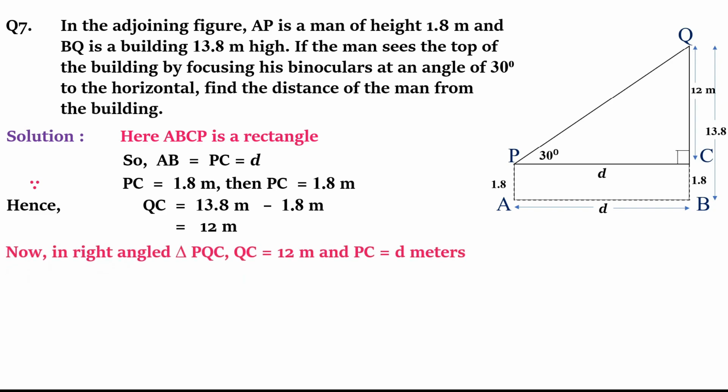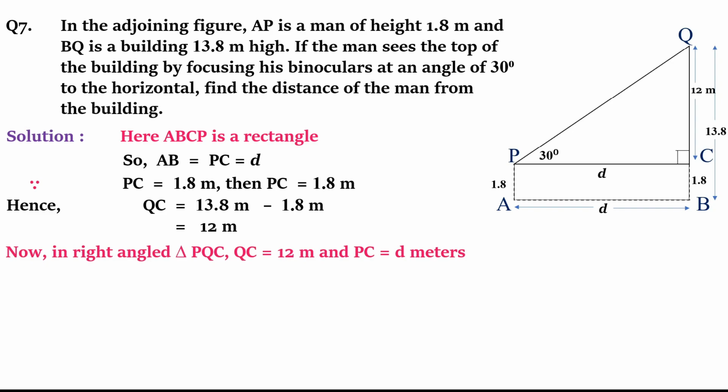Now let us focus on triangle PQC. Here I can apply a T ratio. Now in right triangle PQC, we know QC is 12, PC is D, and angle QPC is 30 degree. So which T ratio?